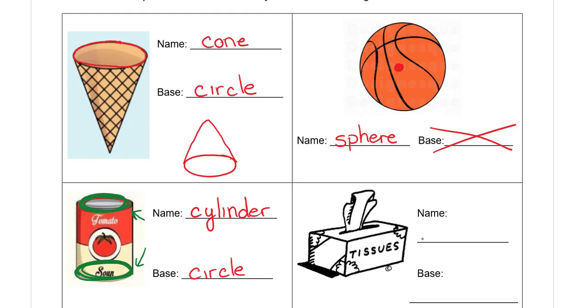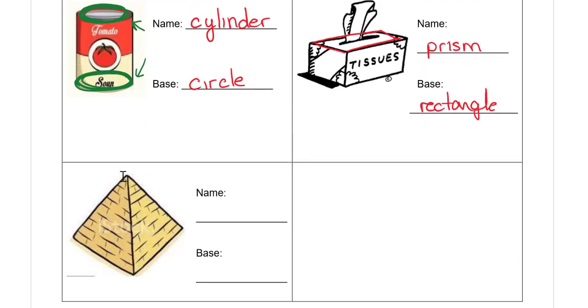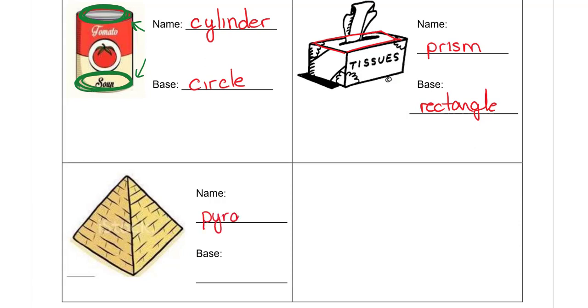This next one, this tissue box, this is our prism. Specifically, this one would be a rectangular prism because our base is a rectangle. Again, there would be one on the top, and parallel to it, there would be one on the bottom. That one we know, just to remind you. And the last one here is a pyramid.